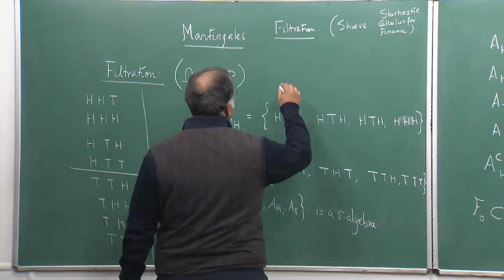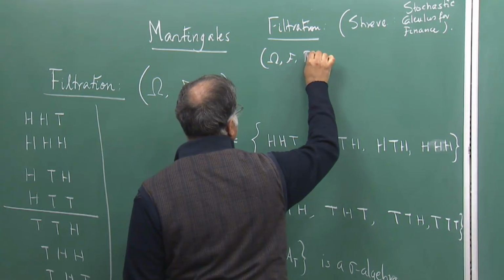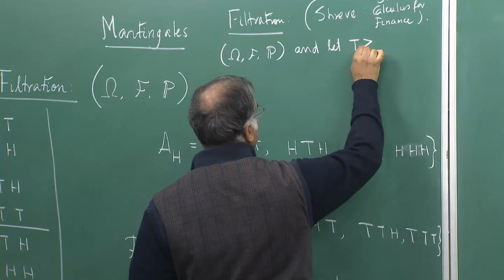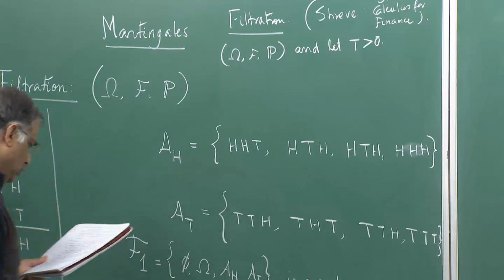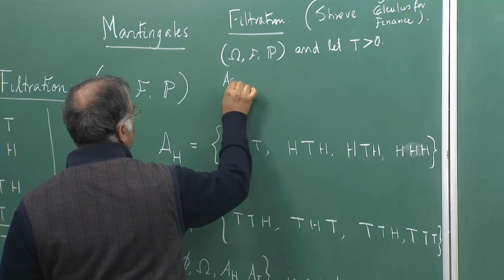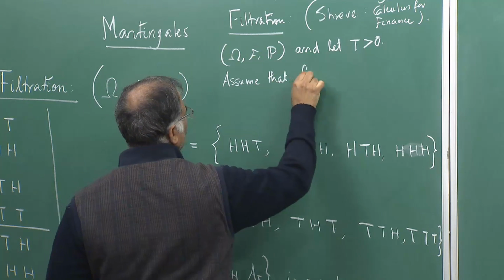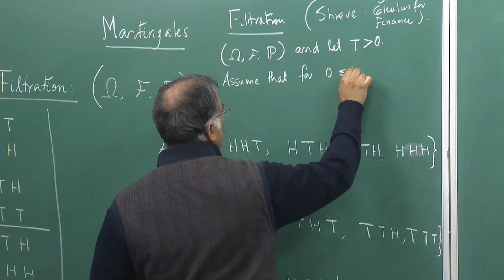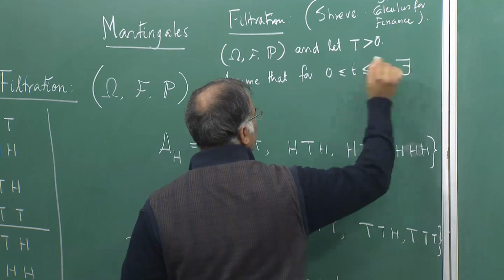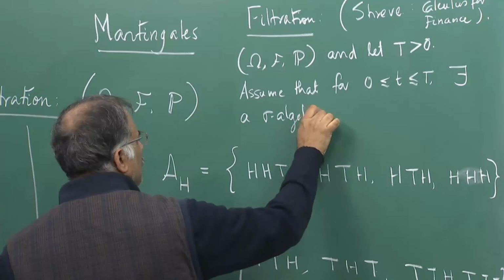So if you have a probability space (Omega, F, P), and let T be a number greater than 0, assume that for t greater than or equal to 0, less than or equal to T, there exists a sigma algebra Ft.